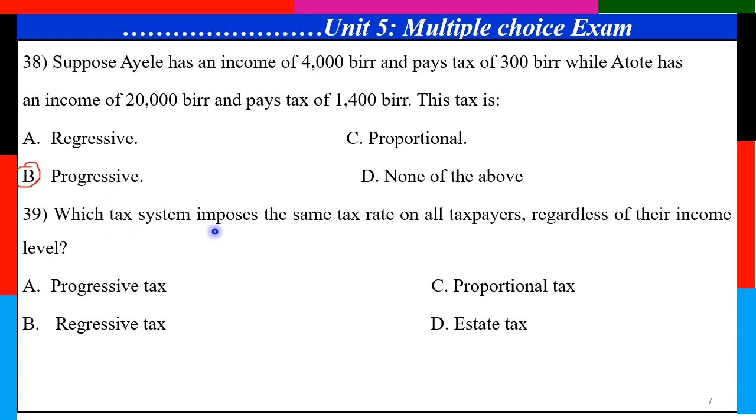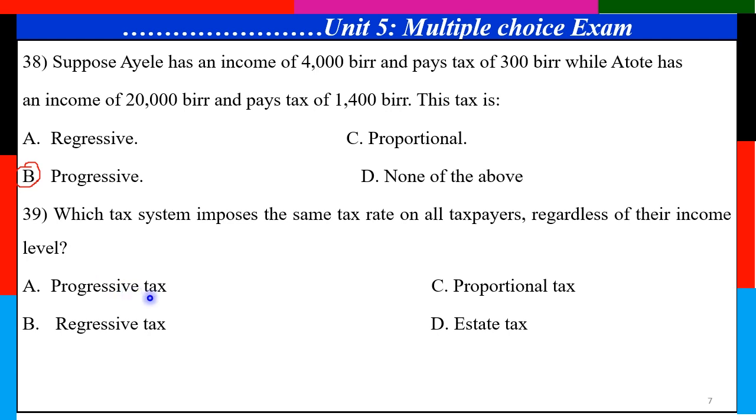Question number 39. Which tax system imposes the same tax rate on all taxpayers regardless of their income level? I repeat this question. Which tax system imposes the same tax rate on all taxpayers regardless of their income level?